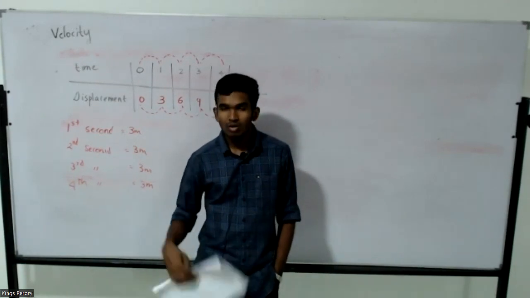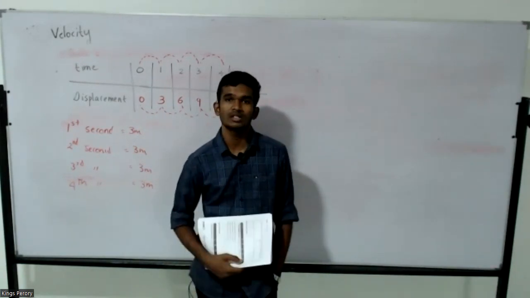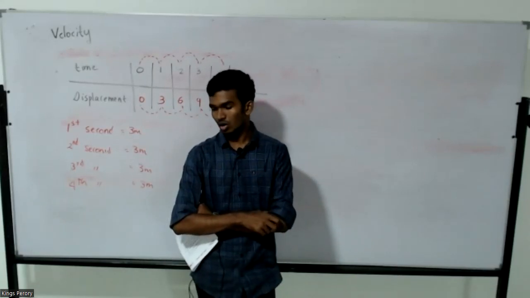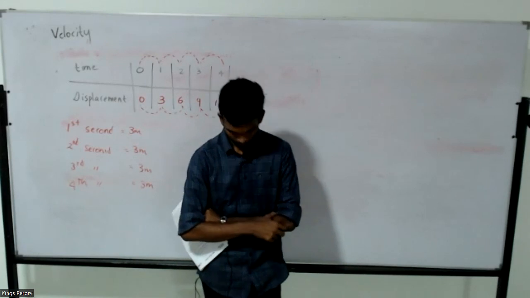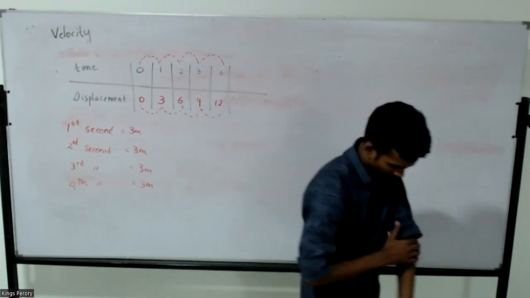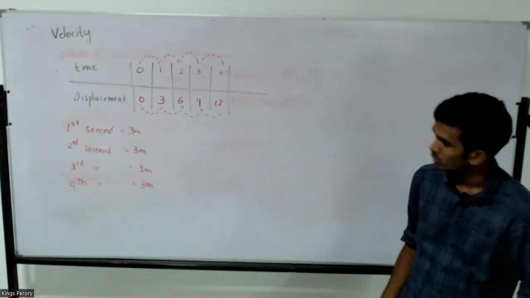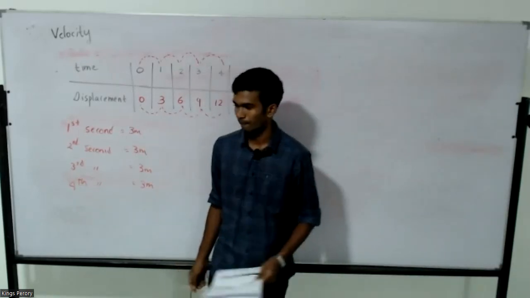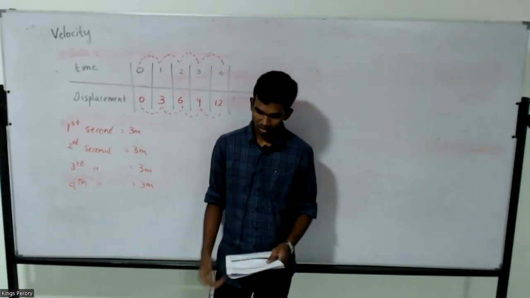Uniform velocity or constant velocity. We call that motion as uniform velocity or constant velocity motion.